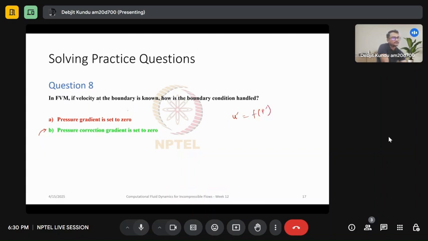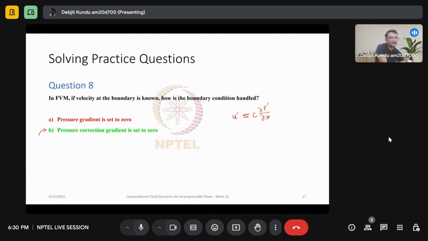So since we know the velocity, this is a function of the pressure, with some constant being multiplied.